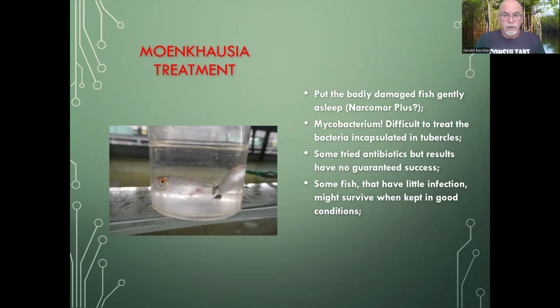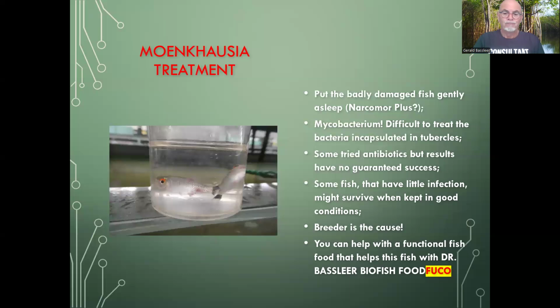At the moment when there is stress or other infections occurring, they will, of course, come down with the disease. The breeder is the cause. They should work on good biosecurity and prevention, controlling the broodstock and the healthy maintenance of the water system in the tanks where they're breeding the fish.